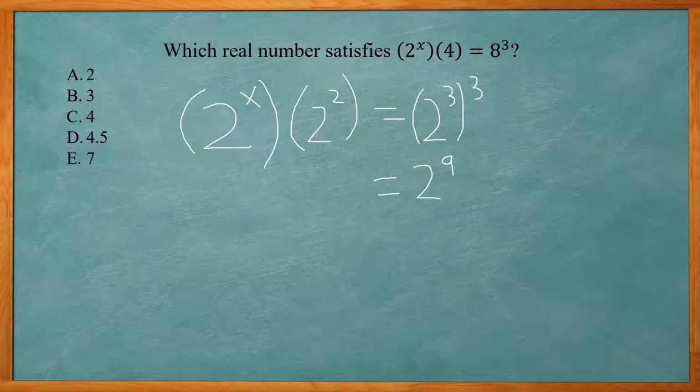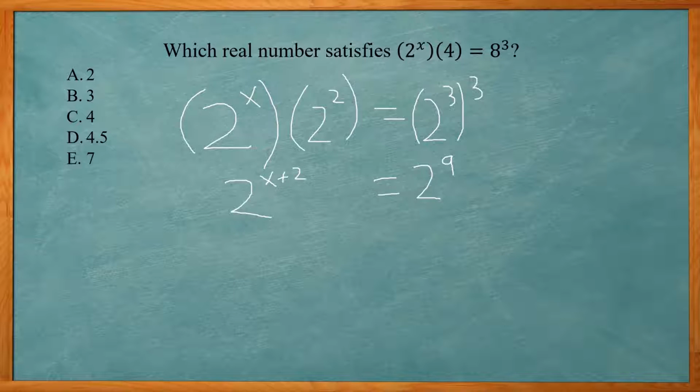Over here we get 2 to the x power times 2 to the second power. And when you're multiplying these together, you can add the exponents, as long as they have the same base, 2 raised to something. So this becomes 2 raised to the x plus 2 power.